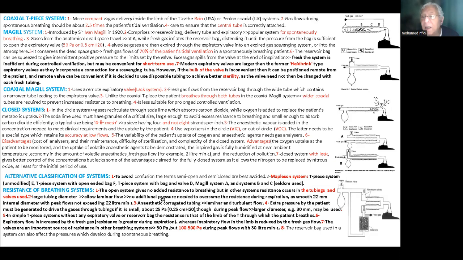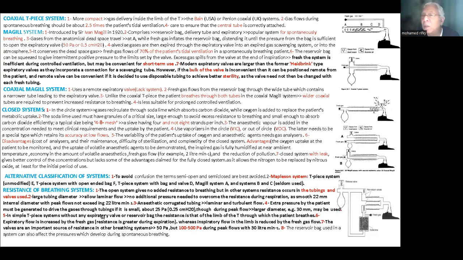All these are methods to satisfy the circuit. Each circuit, as we mentioned before, has its advantages and disadvantages. Of course, the open system has no valves and no reservoir bag. All these are methods to minimize the resistance.